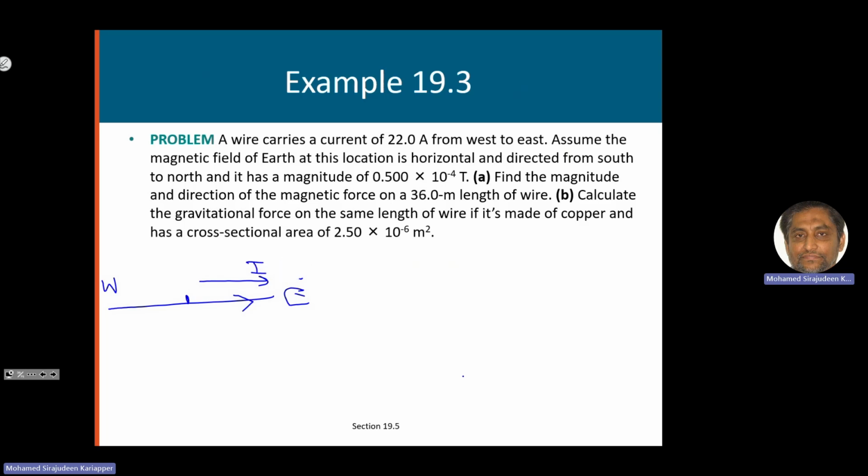We have a current through the wire towards east. Assume the magnetic field of the earth at this location is horizontal and is directed from south to north. Now imagine my screen is a vertical screen. Of course, for you it is vertical, but if you keep a piece of paper on the desk, it's horizontal. But anyway, here for me it is easy.